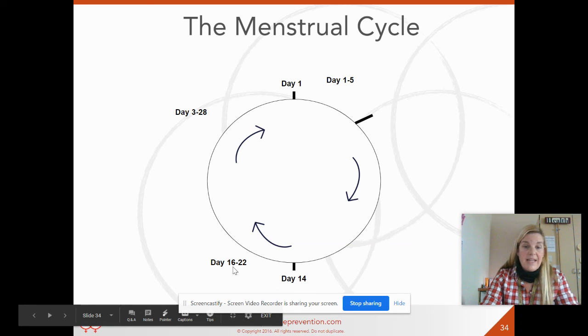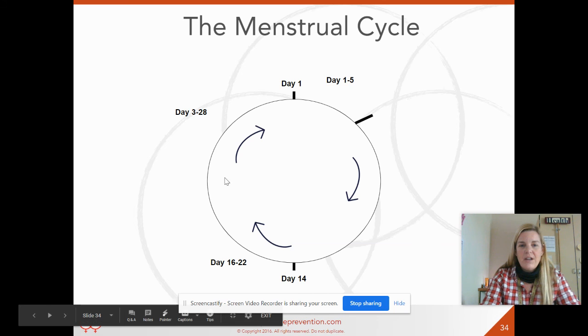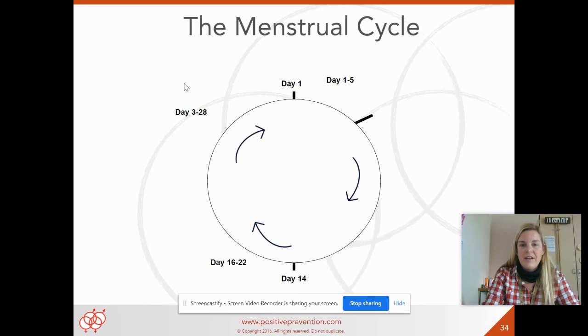And then the next few days, I've marked days 16 through 22. And then, oops, that should say day 23 to 28. I will change that on the slides. Make a note. Okay. And then I just put these curved arrows in the center just to remind us that we're going to go in this clockwise direction from day 1 to day 5 to day 14 and so on.